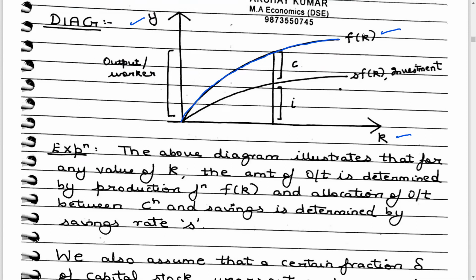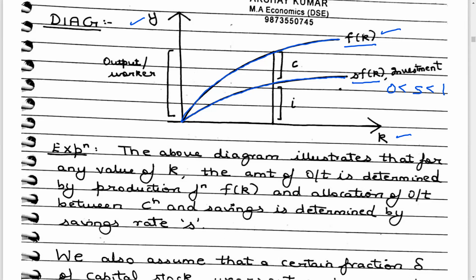And guys, how will I draw the investment? Now, if f of k is concave, s into f of k will also be concave and it will lie below f of k. Why? Because s lies between 0 and 1. Since s lies between 0 and 1, s into f of k will have the same shape as f of k.